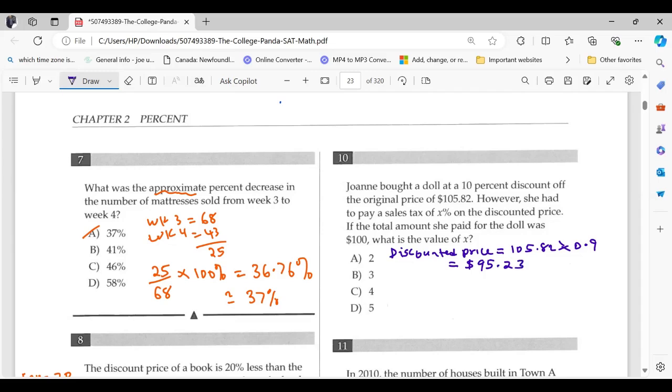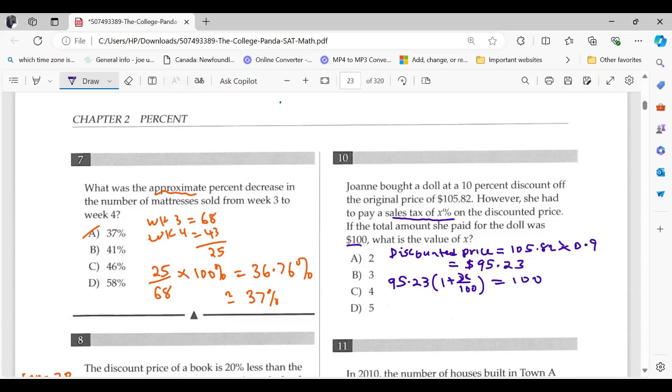Okay, and then he paid a sales tax of X%, and everything he paid for the door was $100. What it means is if a tax is paid, we are increasing this amount by X% to give us 100 here.